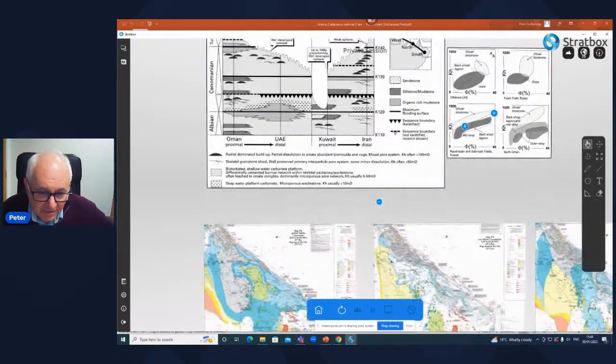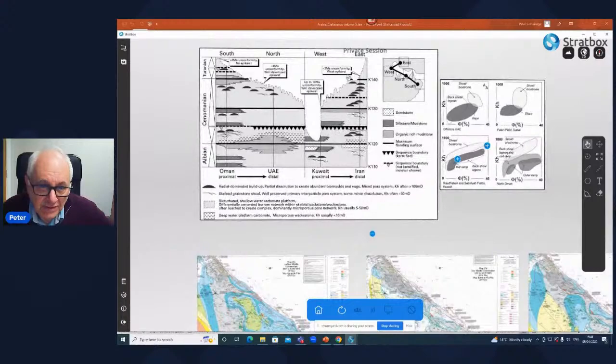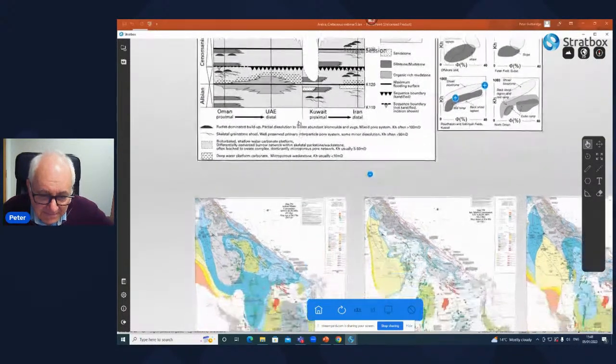And if we look at the paleogeographic maps, this is for the K130 maximum flood and the K135 maximum flood. So we're looking at about this level in the diagram here.